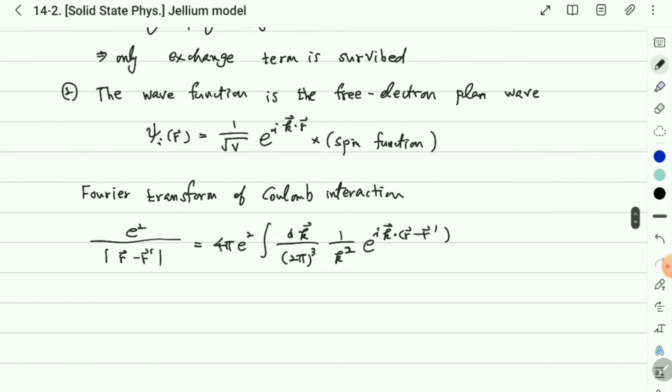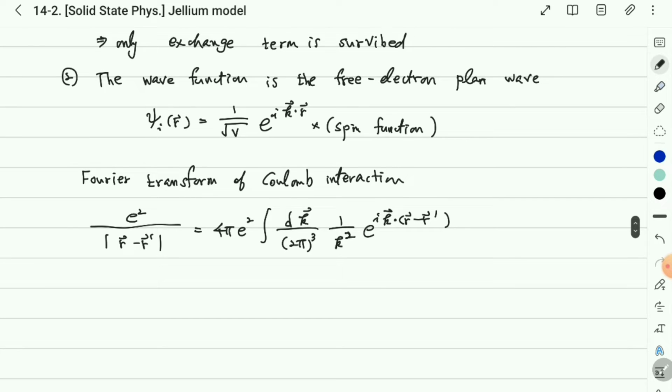Since this is the Fourier transform of the Coulomb interaction, the interaction can be transformed like here. Let's substitute this Coulomb interaction into the Hartree-Fock equations.